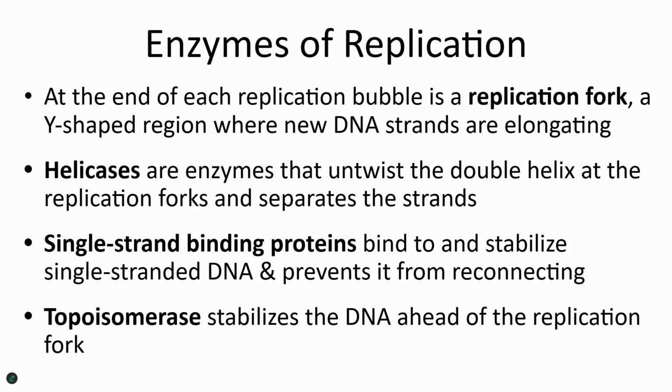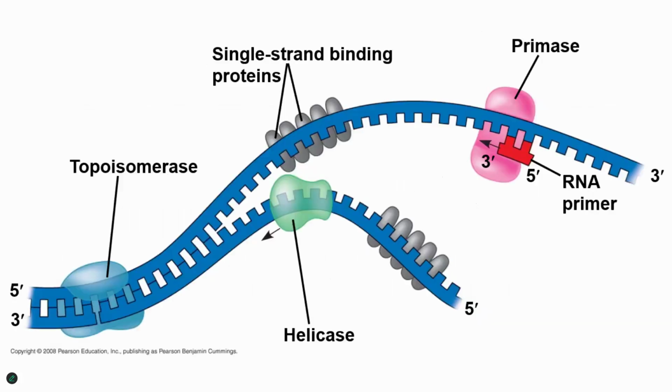The single-stranded binding protein and the topoisomerase enzyme are going to help the helicase to unzip the DNA molecule. The single-stranded binding proteins will bind to and stabilize the DNA, and it prevents it from connecting back together. So if we look at this diagram, you can see the single-stranded binding proteins here and the helicase here unzipping. As the helicase unzips it, it prevents it from connecting back together.